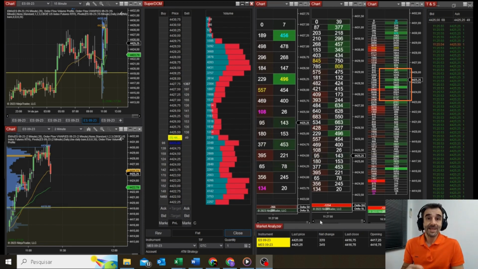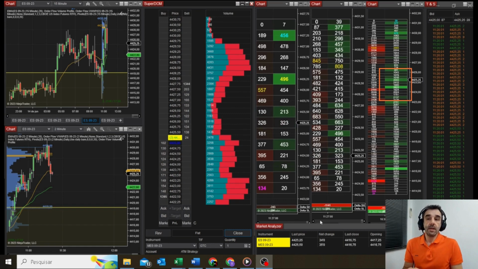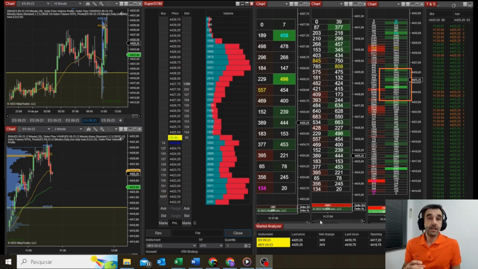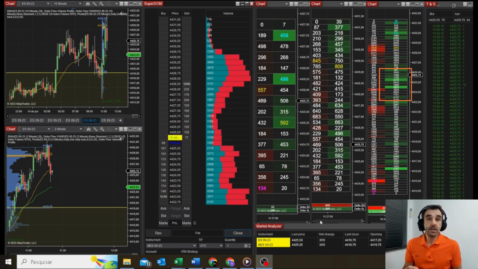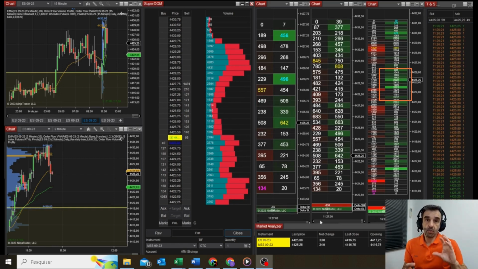So this is an example that shows what I'm always saying, that the order flow can help us through the chart. The chart in this case showed me that there was possibly a good opportunity, and through the flow, I understood whether it was better to wait for a real breakout and then wait for a condition that led me to a long trade.